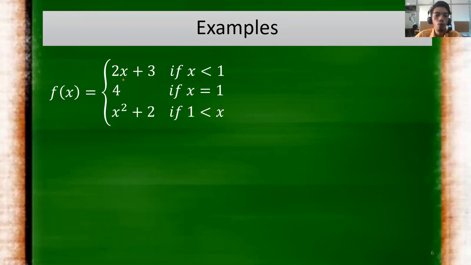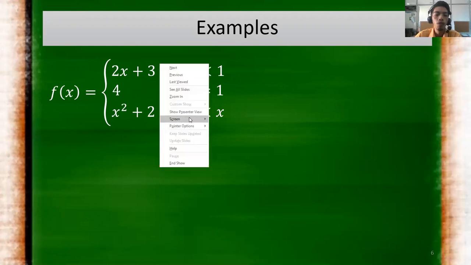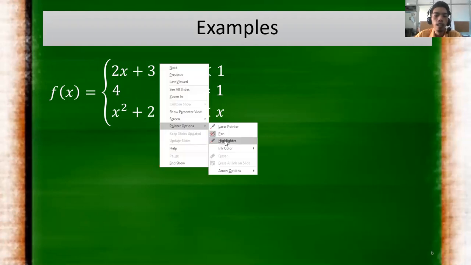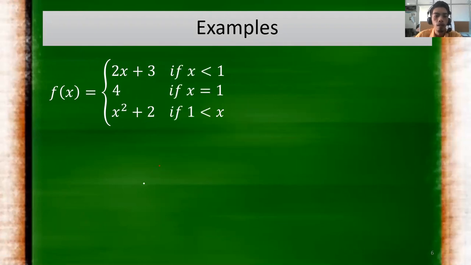If we have 2x plus 3, the condition is x must be less than 1; if it's 4, x must be equal to 1; and if it's x squared plus 2, x must be greater than 1. So the first step in this part is to find the value of c. The value of c is 1.